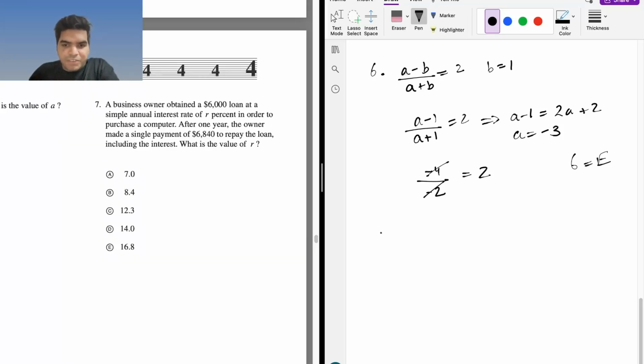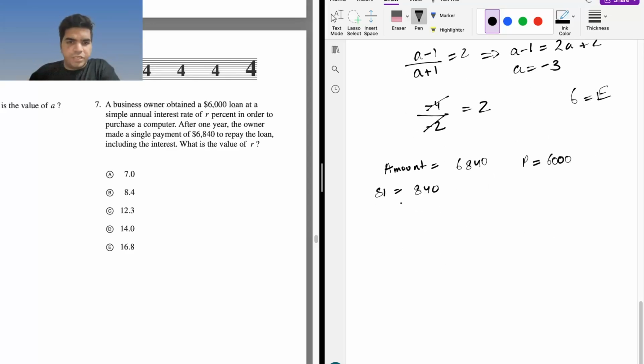So first of all, the amount is given as 6,840. Principal is given, 6,000. The simple interest which was taken from him is found by subtracting both of them. So this will be $840.